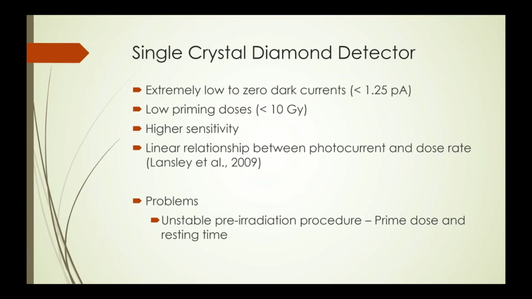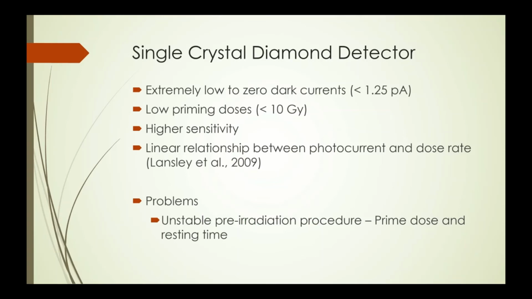Single crystal diamond detector has its diamond crystal in the same size and orientation. And this single crystal diamond detector, compared to polycrystalline, has extremely low to zero dark current of less than 1.25 picoampere.